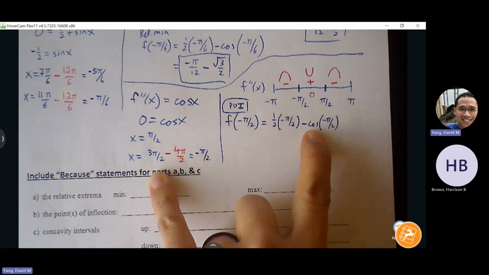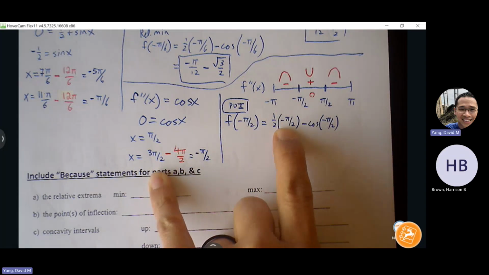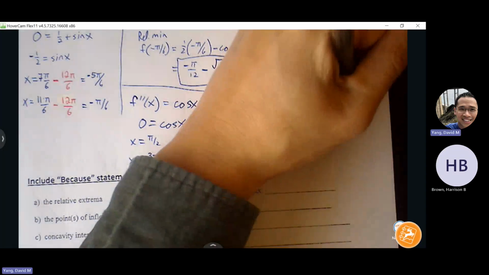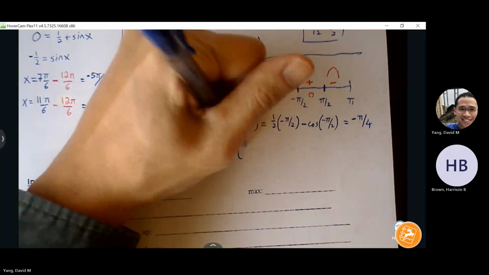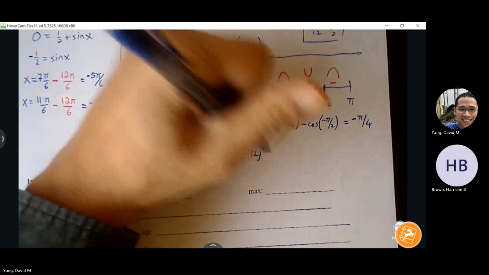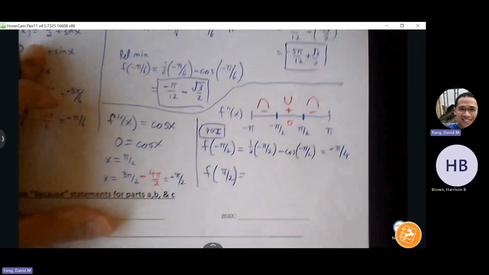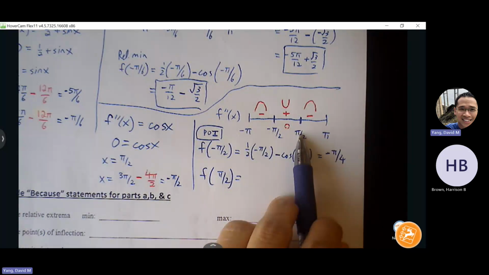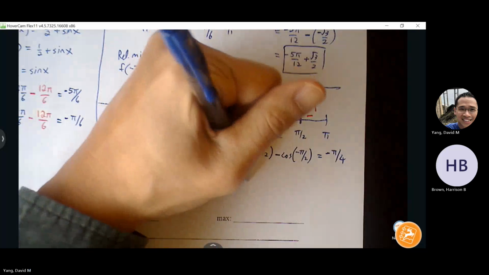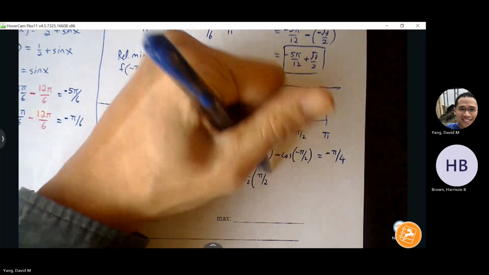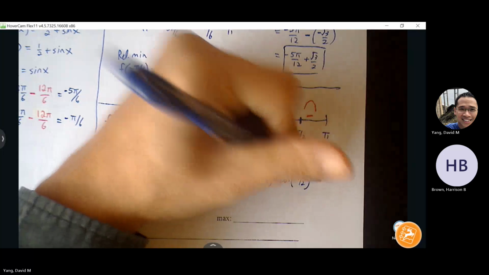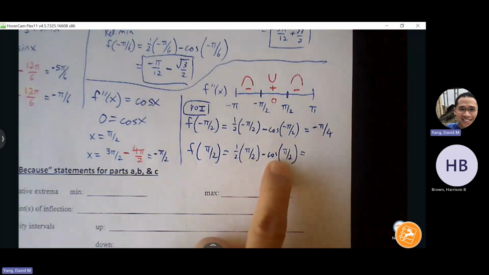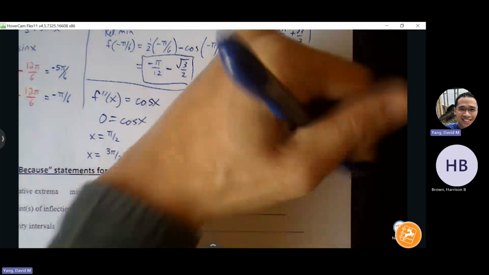Cosine of 3 pi over 2 is going to be 0. I get negative pi over 4 minus 0, that's just negative pi over 4. Okay, f of pi over 2, back into the original function. Cosine of pi over 2 is 0, so I'll get pi over 4.